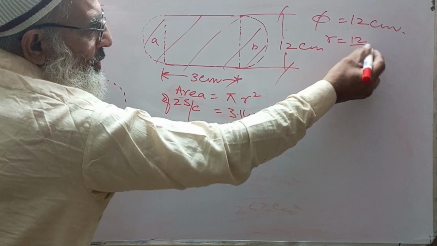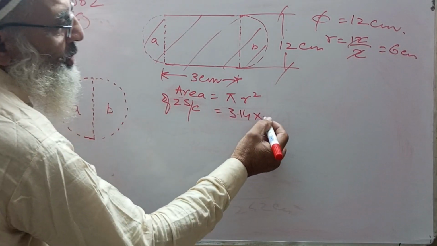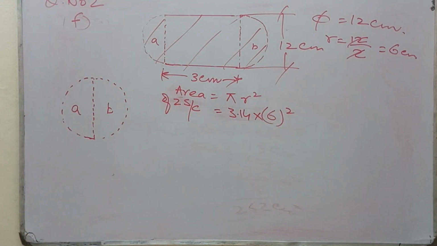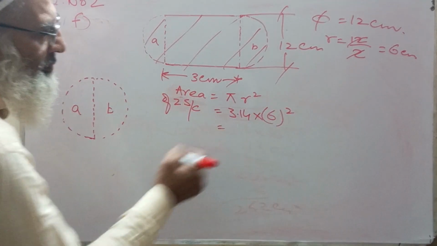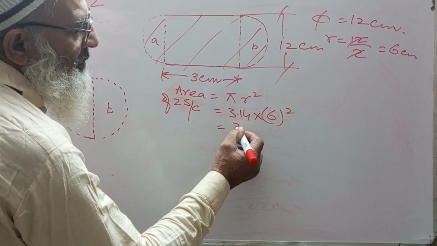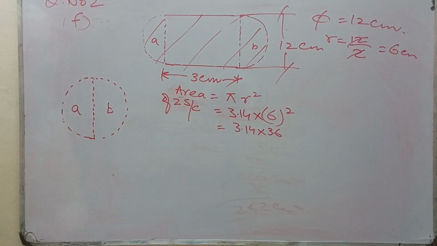Radius is equal to 6 centimeters. So it will become 6 squared. What will it become? It will become 3.14 multiplied by 36.